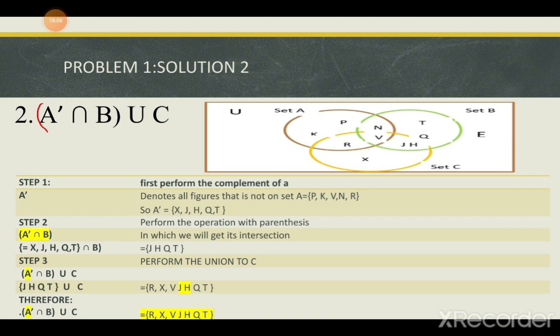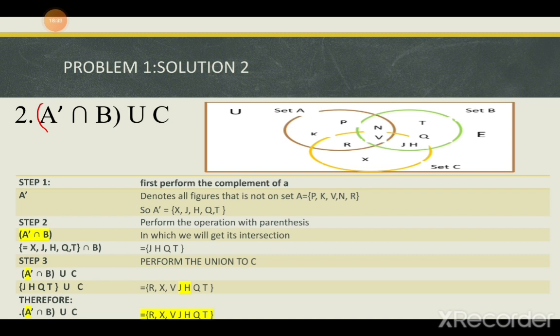The union of the intersection of the complement of A and B with C. Our A prime, from the definition of the complement of A, is the elements that are not contained in A.